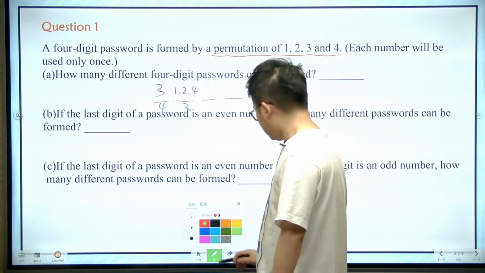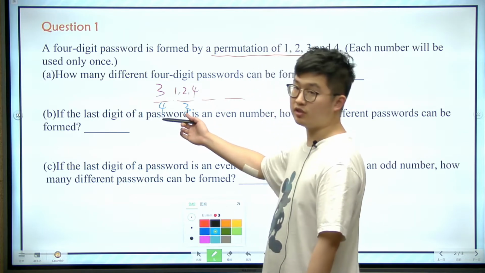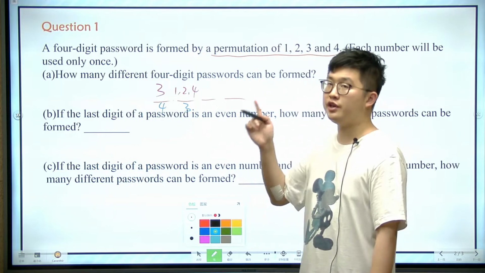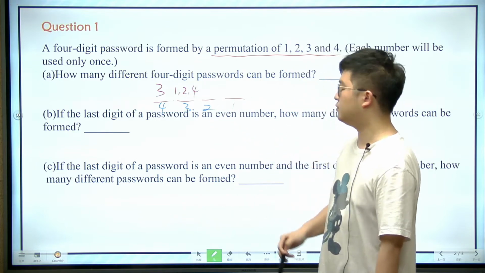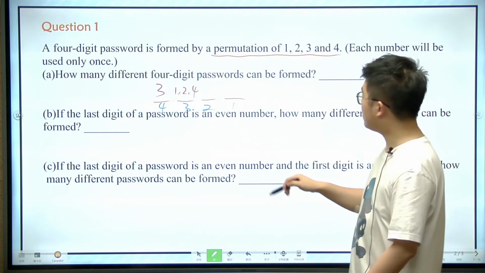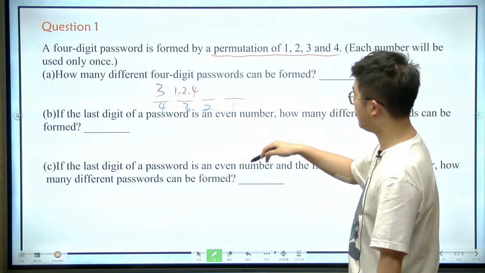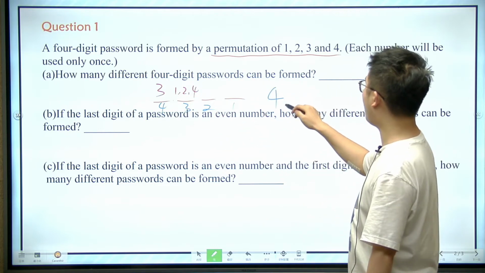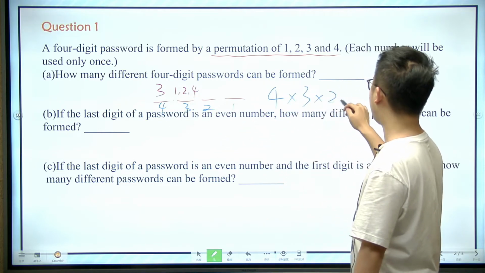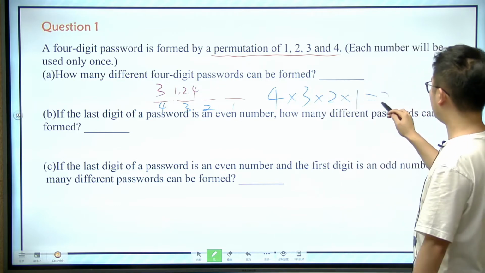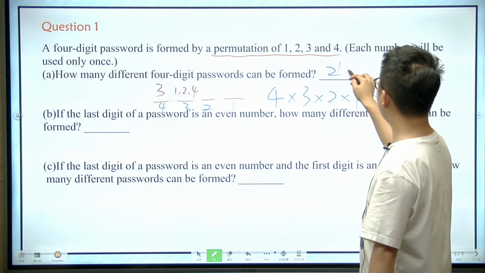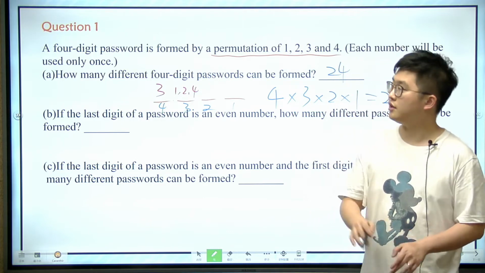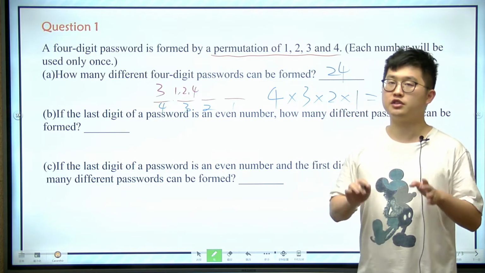Now, what about the third place? We used 1 more, so there are only 2 left, and then 1 left. So in total, we should multiply them: 4 times 3 times 2 times 1, which would be 24. So 24 different 4-digit passwords can be formed.